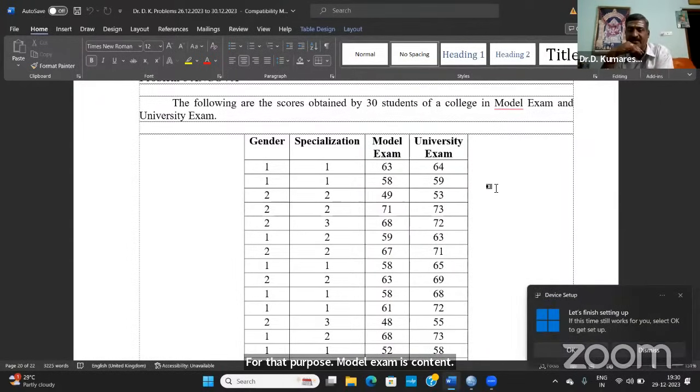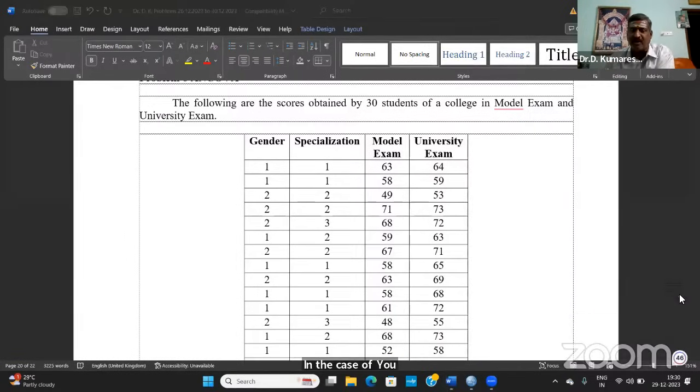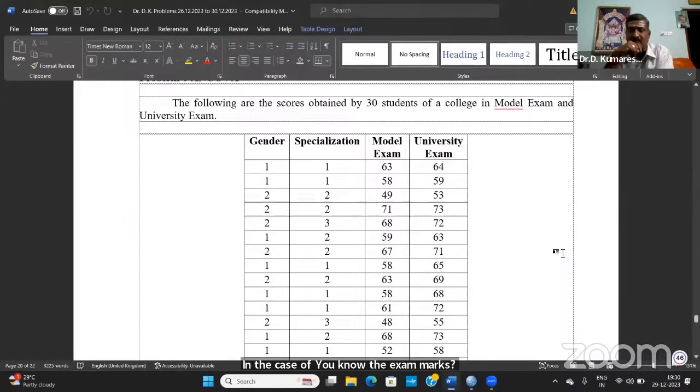So obviously, in the case of university exam marks and model exam marks, there will be a correlation between these.